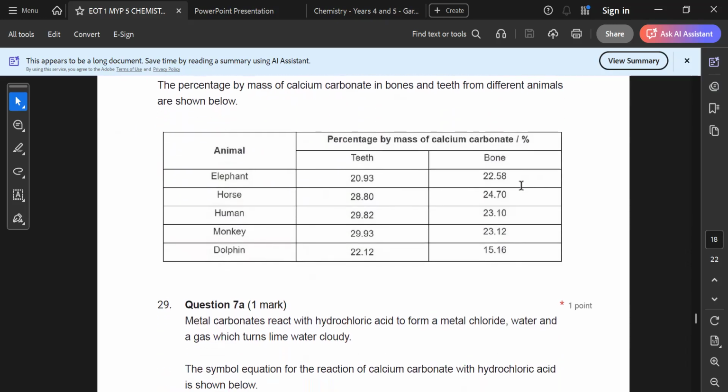The elephant, it doesn't matter which elephant you get, you always have 20.9993% of calcium carbonate. So if you investigate and you find that your value is 20.9, then you will know that it is an elephant. Now, with that idea in mind, keep reading.